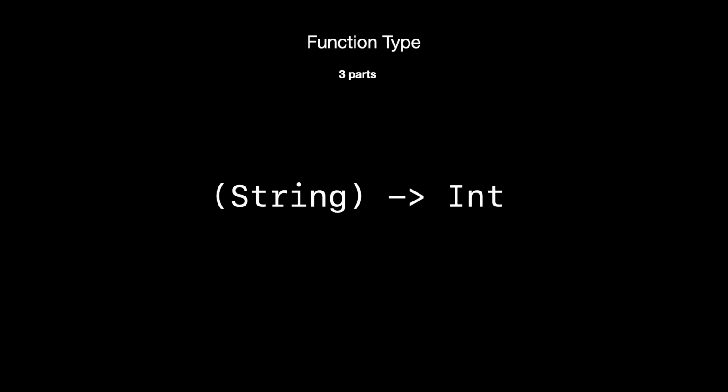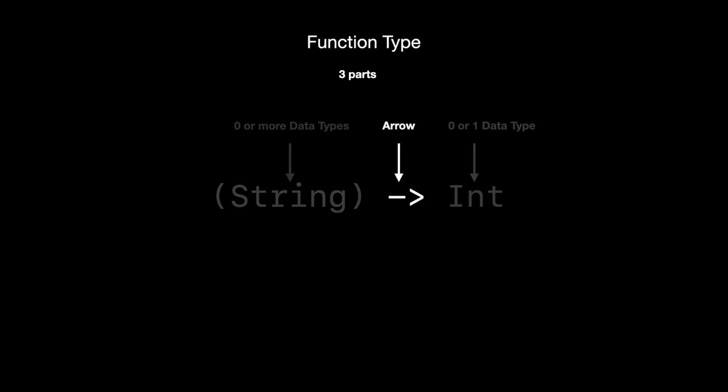Here we have a function type that accepts a string and returns an int. We have a list of 0 or more data types for the parameters. We have an arrow. And we have a single return type.